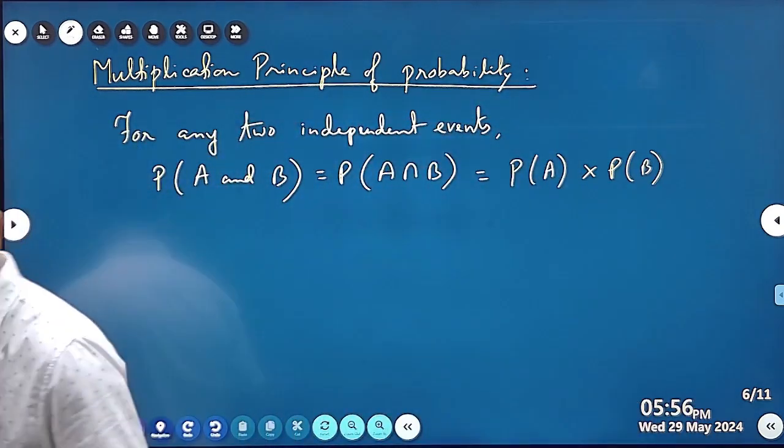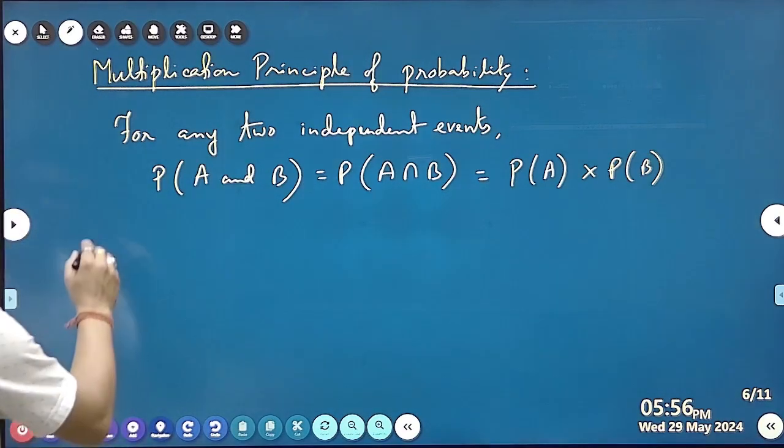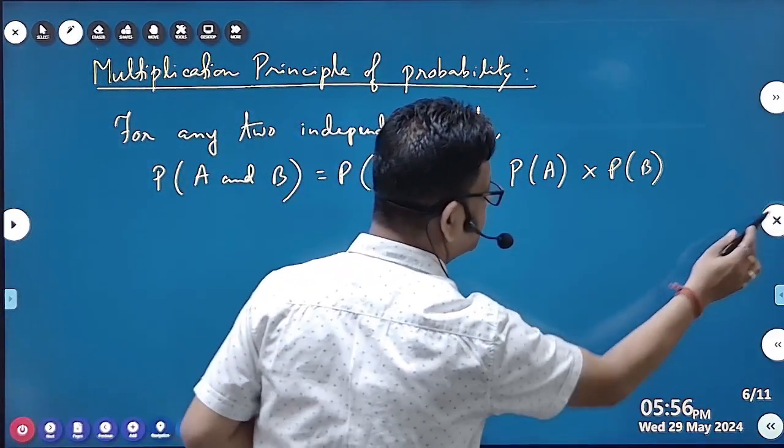Okay. Now our questions will be of Bayes' theorem. This is more important.